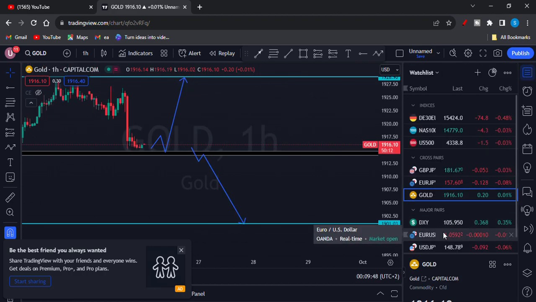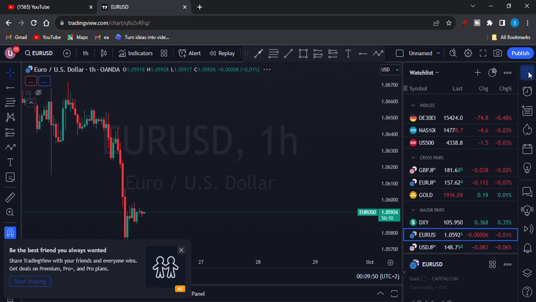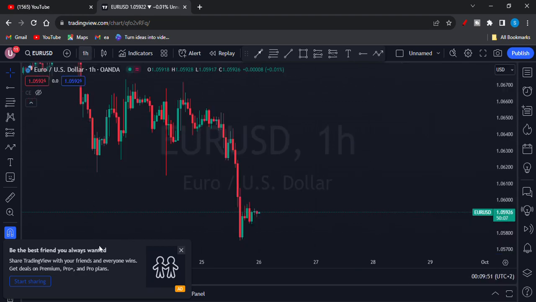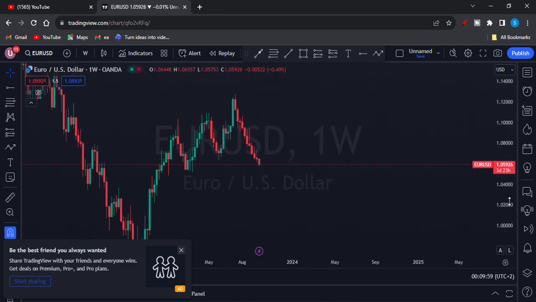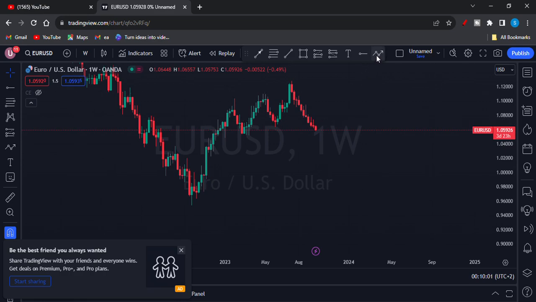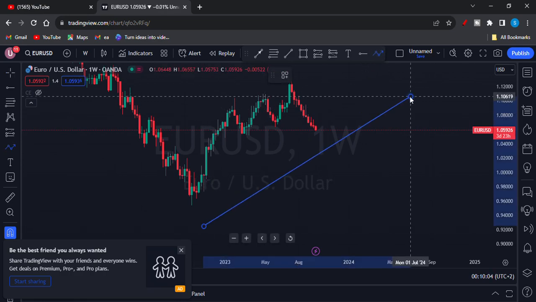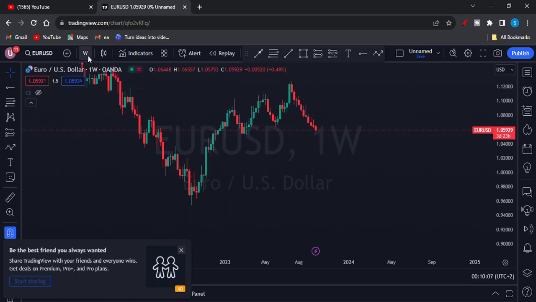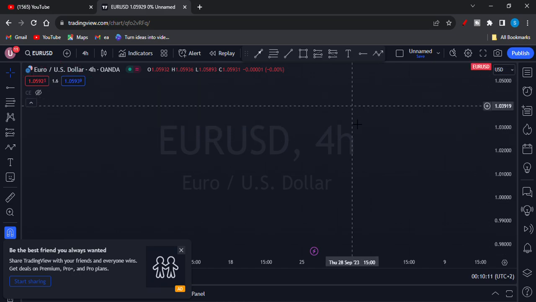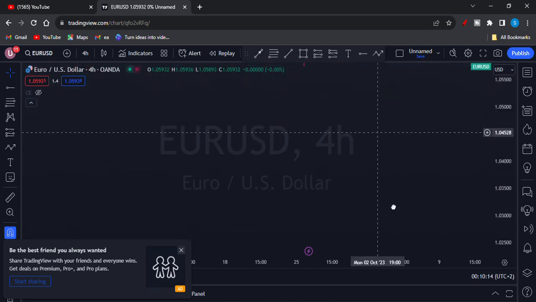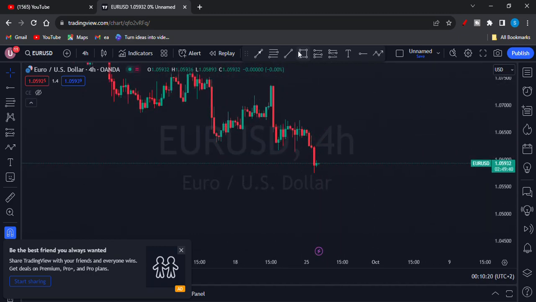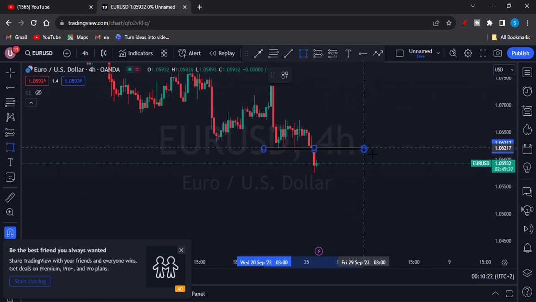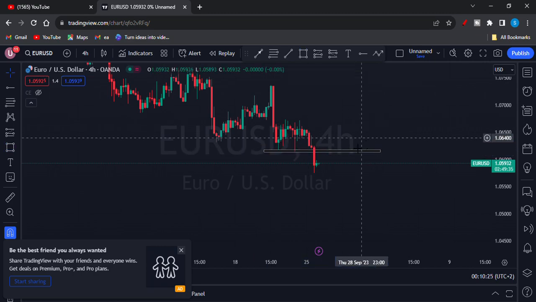And then let's go to EURUSD. And then on a weekly, we are on an uptrend. And then let's go to our 4-hour. So on a 4-hour, we have this support area right here.